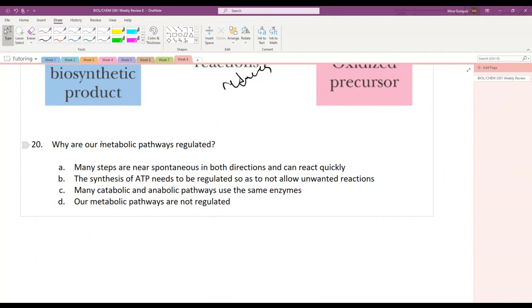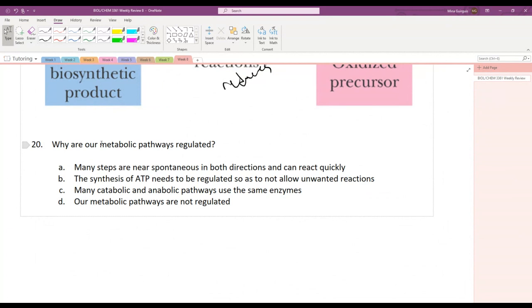Glycolysis is the use of glucose for energy, and gluconeogenesis is the reformation of glucose. Next thing you're going to talk about after that is glycogenesis, or the formation of glycogen when we don't need energy from glucose, just for storage, and then glycogenolysis, which is the breakdown of glycogen.